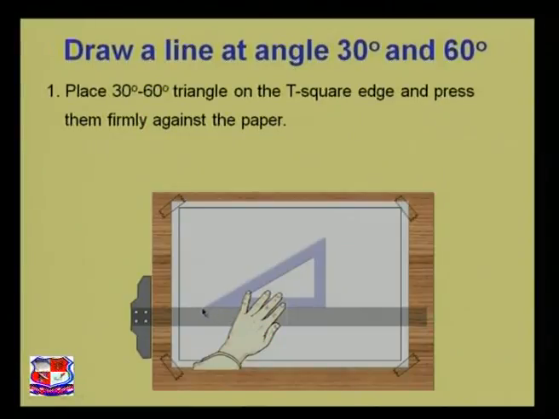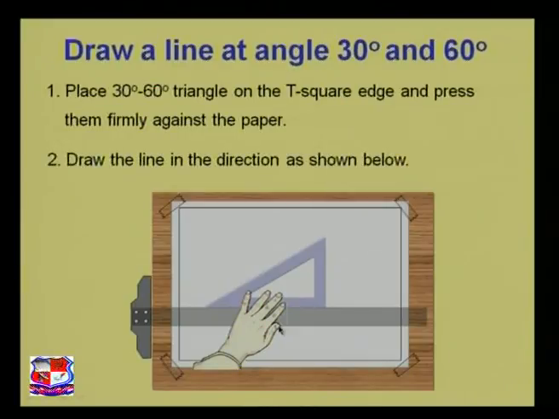So what I am going to do is hold the set square and the T-square very firmly. Now I will draw a line over here, rotating the pencil like this. Draw the line in the direction shown.